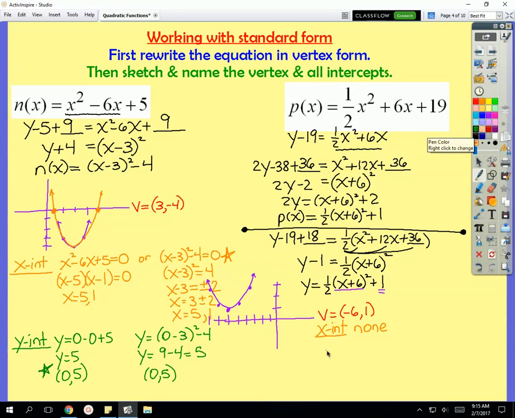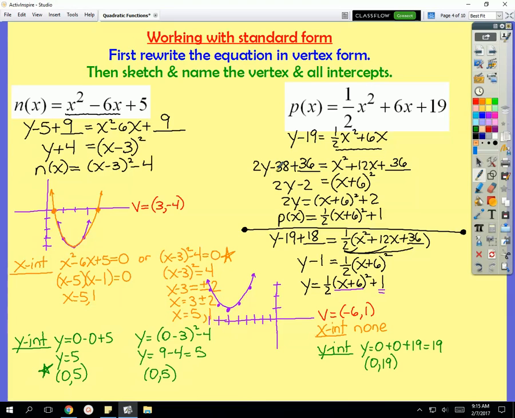I'm going to use the standard form to get my y-intercept. So when I plug it in, I get y equals 0 plus 0 plus 19, plugging into the standard form. So I'm going to get (0, 19). Now notice, I'm not drawing this parabola all the way up to (0, 19), but I can see that if it extended until the point that it crossed the y-axis, it would be really high. So (0, 19) makes sense.